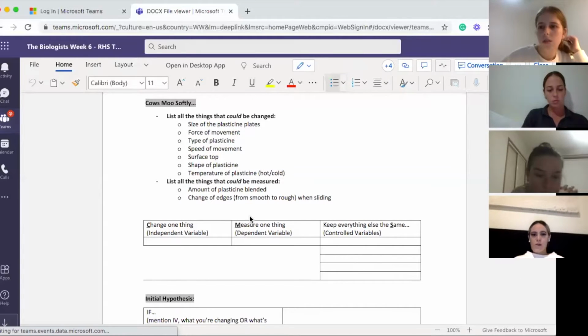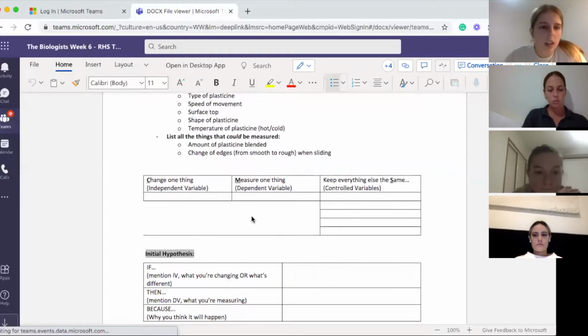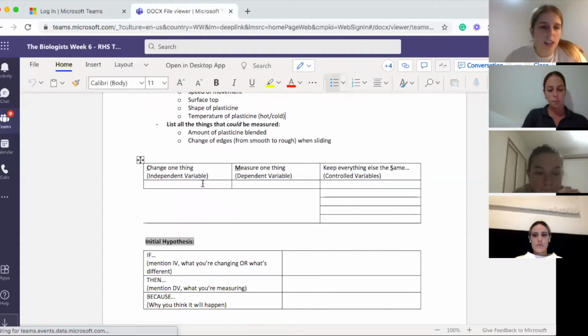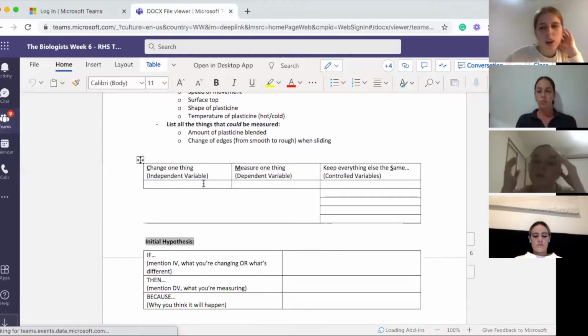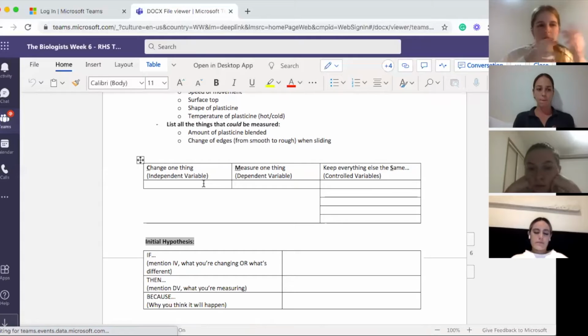Alright, where were we up to? So, changing one thing. I guess there's 2 experiments, but we're obviously changing the way we do the transformations, like push, pull, and slide. I don't know what to call that. But then we're also changing the plasticine and the egg. I guess that's a different experiment though.